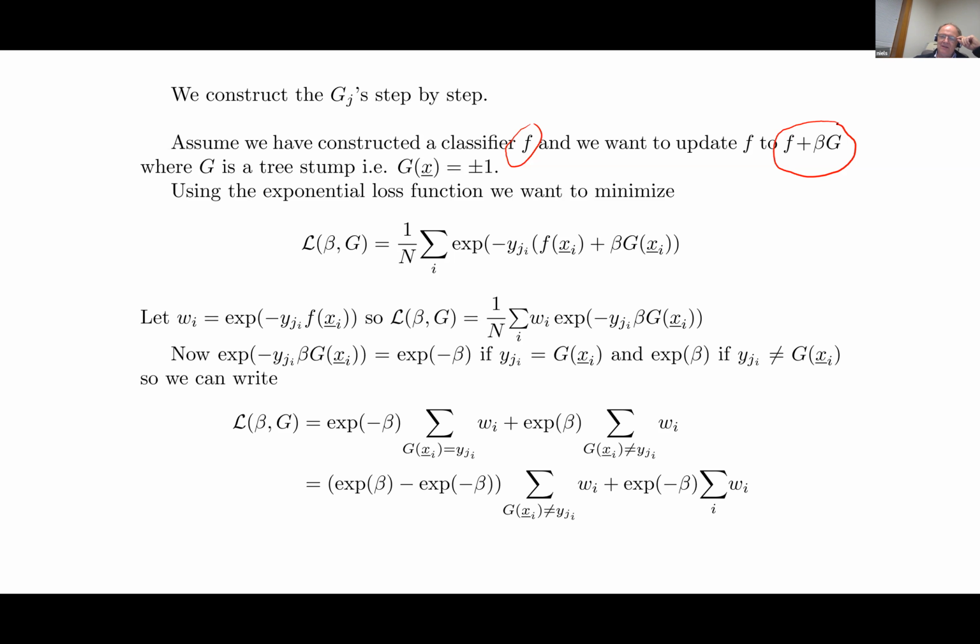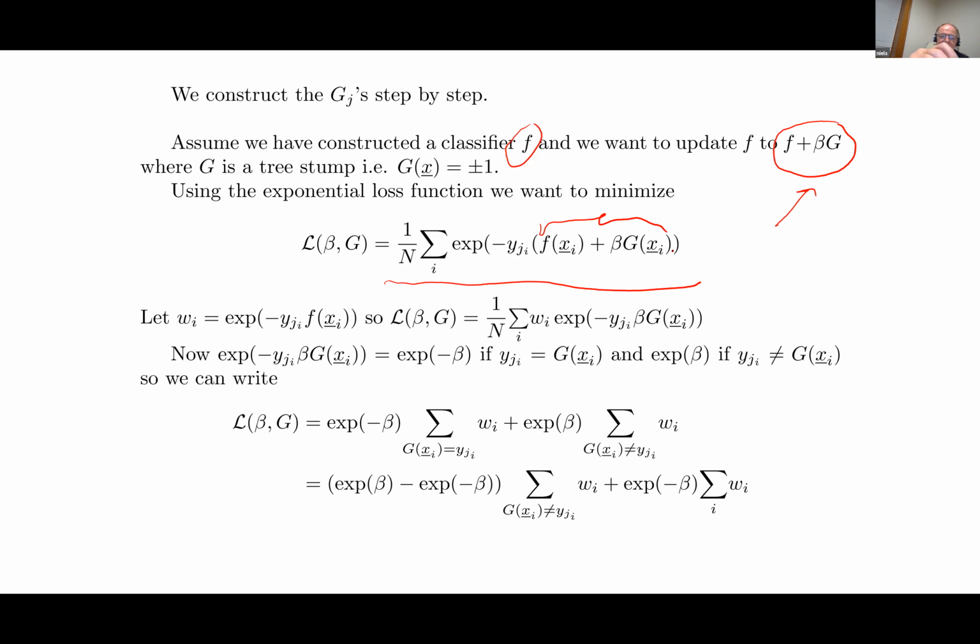So again, if we look at the loss function, this exponential loss function for the new classifier, it'll be of this form here. So our new classifier is this, and so our loss is given by this expression here. We just plug in this new classifier here.